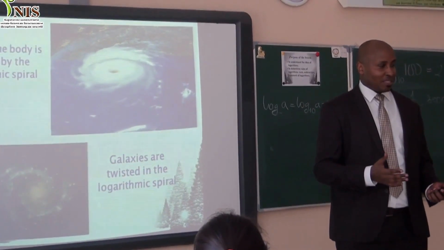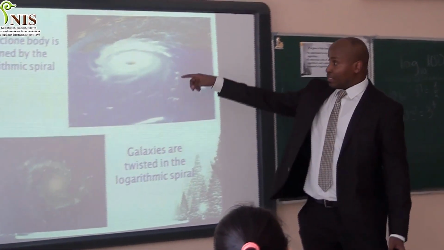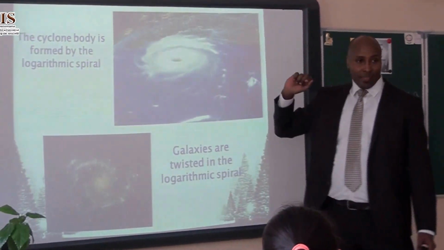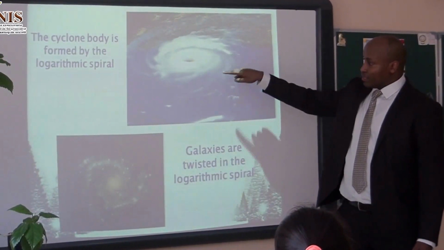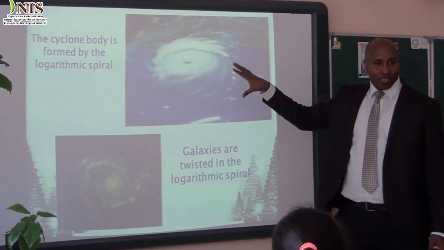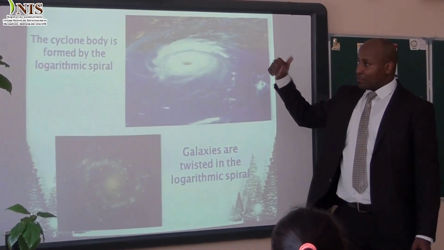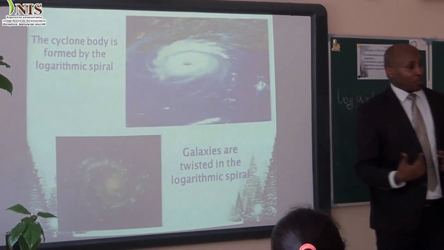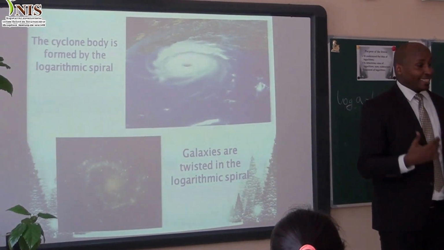You know what a cyclone is? As you can see here, we have the epicenter, and we have this model moving in that cyclic manner. And so this is a way in which the log function is seen in nature.